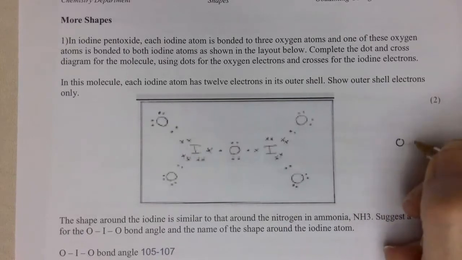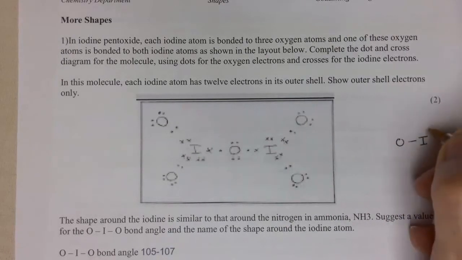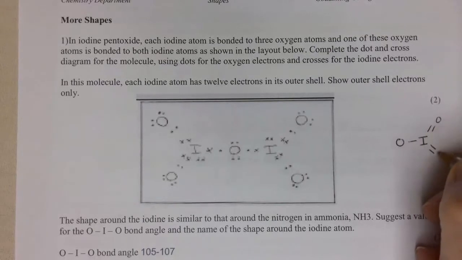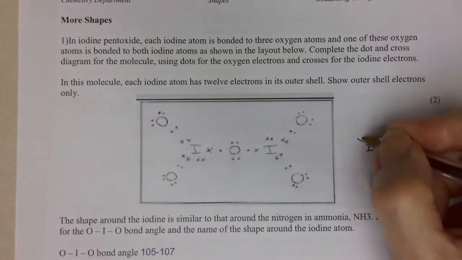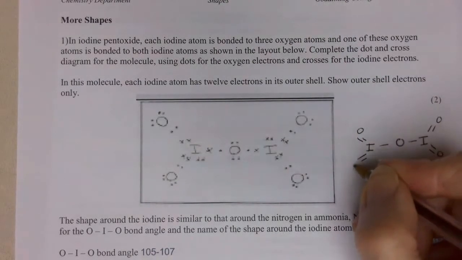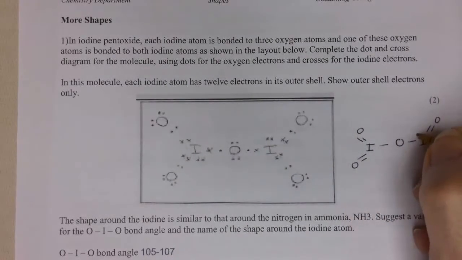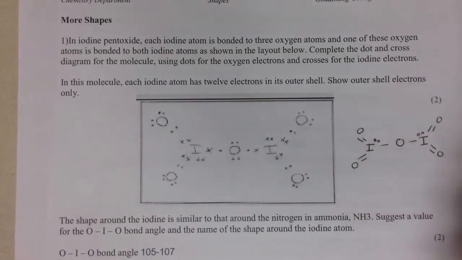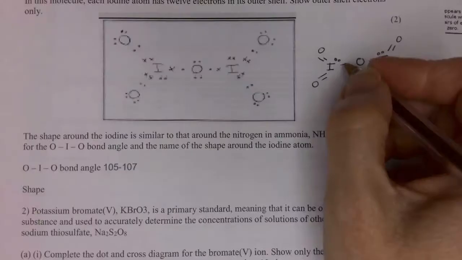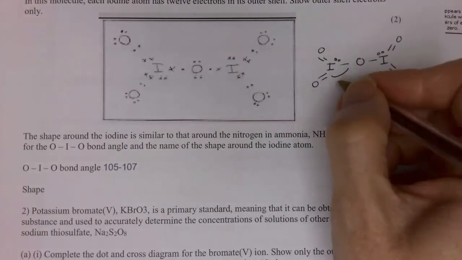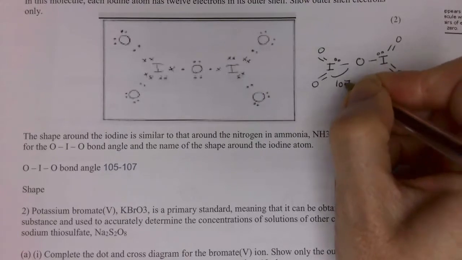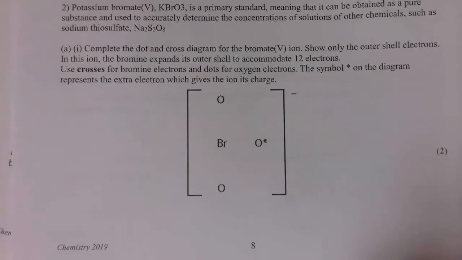So if I draw this out in stick form, you have a double bond there, and iodine has a double bond there, but the iodine still has a lone pair of electrons on it. So again, because of this lone pair, this bond angle is going to be very similar to the bond angle in ammonia, in other words, 107.